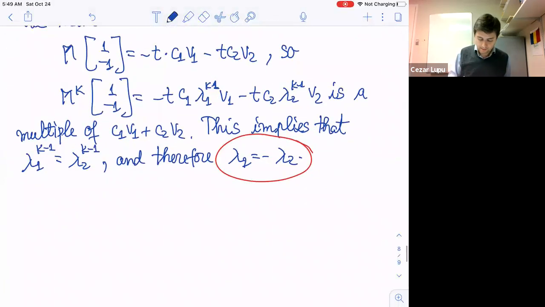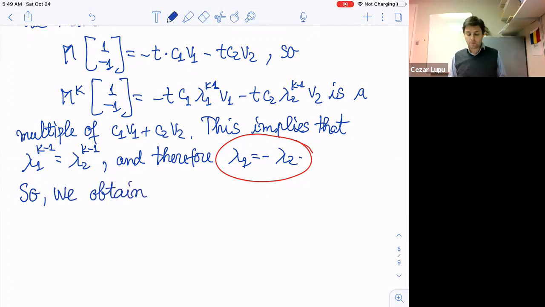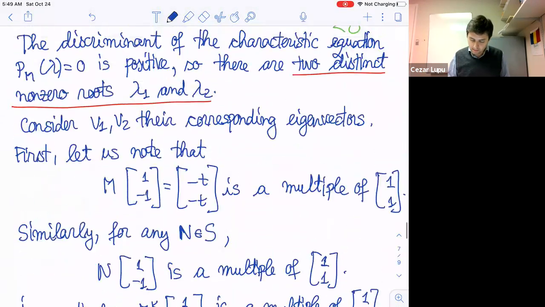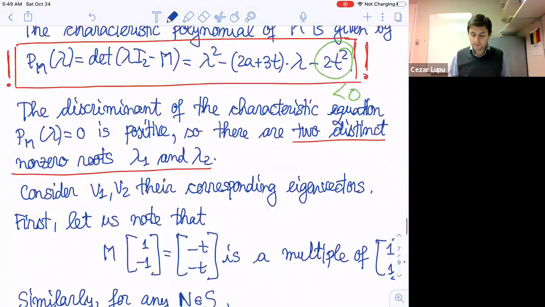So we have that. We obtain the following. All right, and now I'm going to do the following. On one hand, the trace of M is what? We said that it's 2a plus 3t.